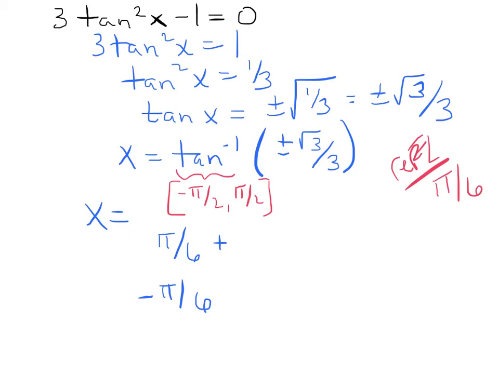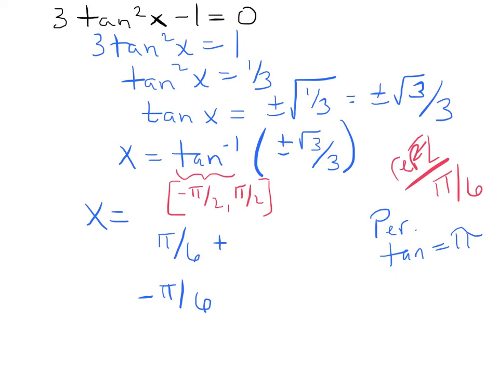And the period of the tangent function, we didn't really talk about it a lot because we didn't do the graphs, but the period of the tangent function is pi rather than 2 pi.